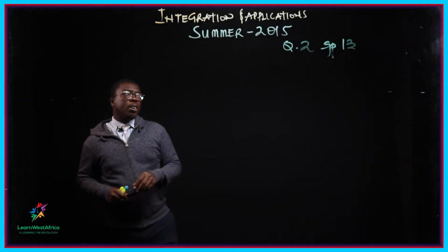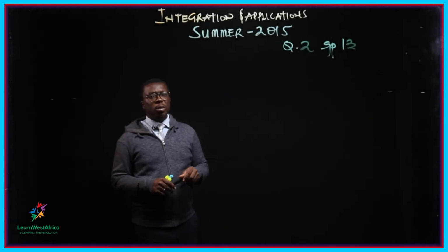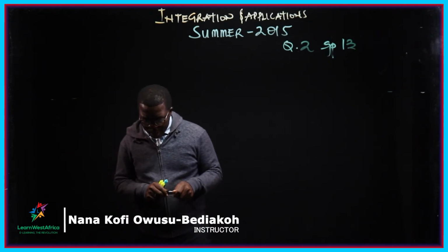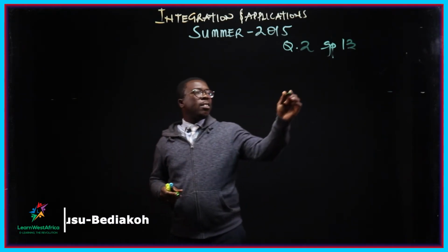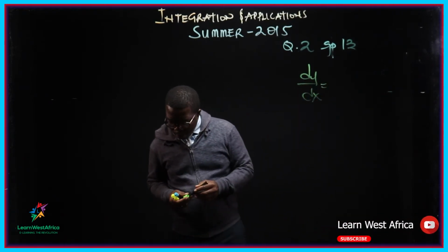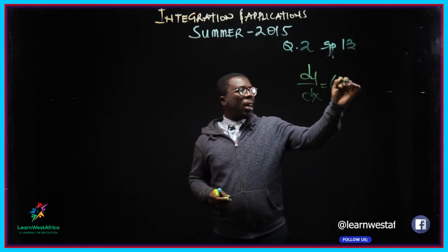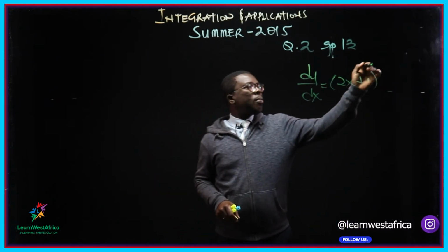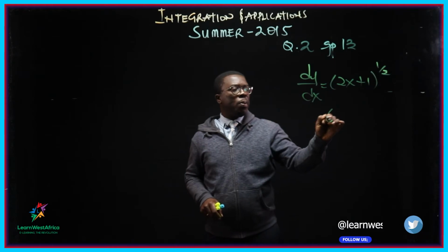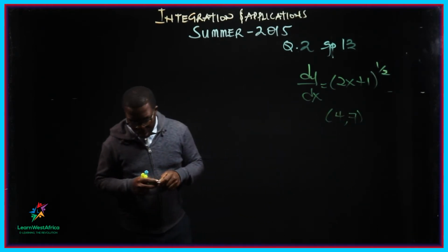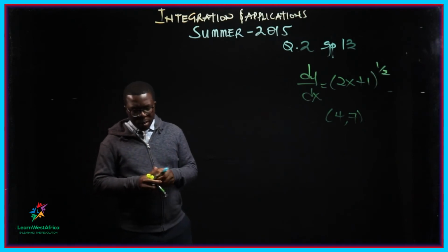So for QP13 2015 question 2, the problem that was given there says that a curve is such that dy/dx is equal to 2x plus 1 raised to the power half. We are making this observation at a particular point (4, 7), which lies on the curve. The question wants us to find the equation of the curve.